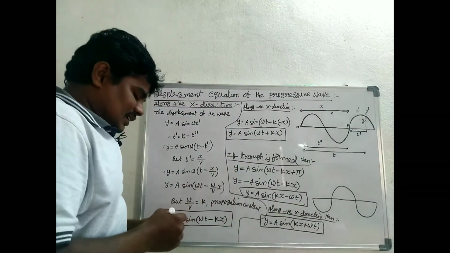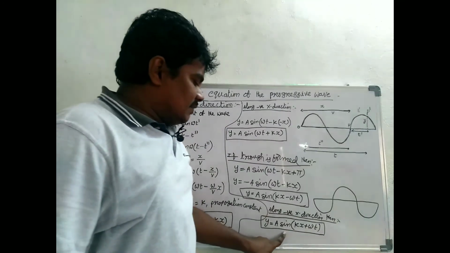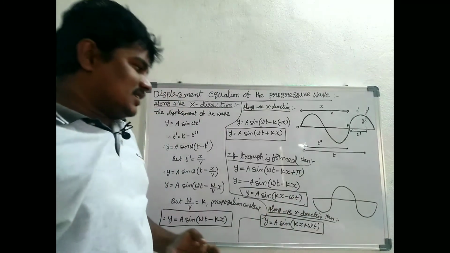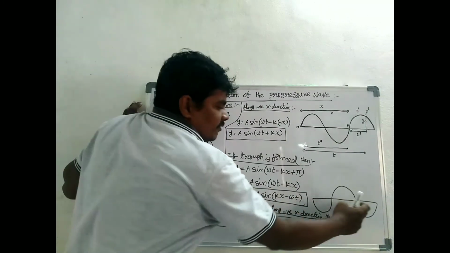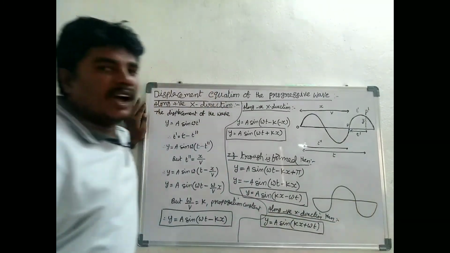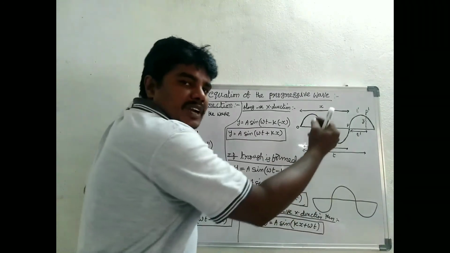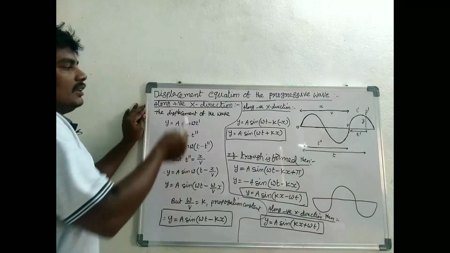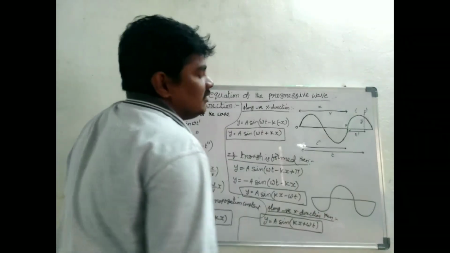This is another wave equation if the wave is traveling along the negative x direction and a trough is formed, that is, the string vibrates in the downward direction. These are the equations of progressive waves.